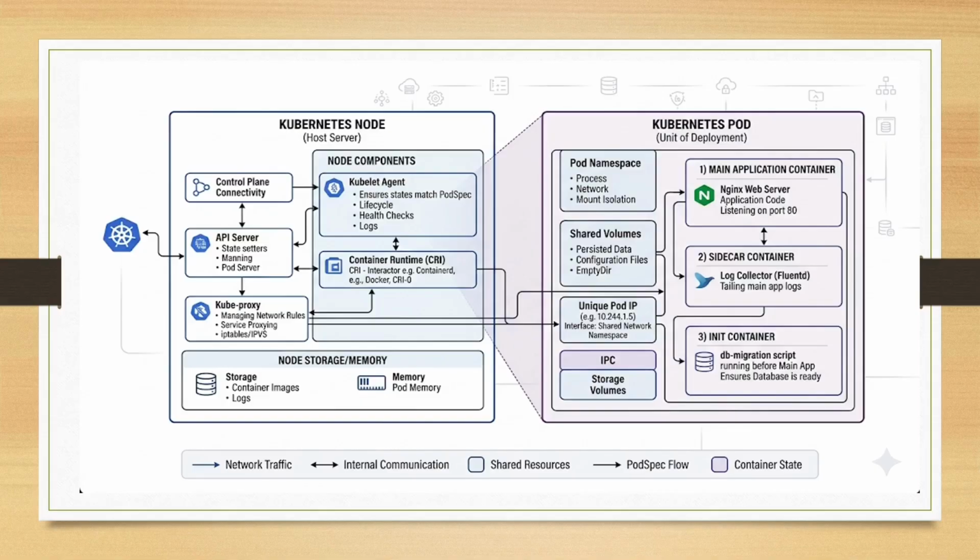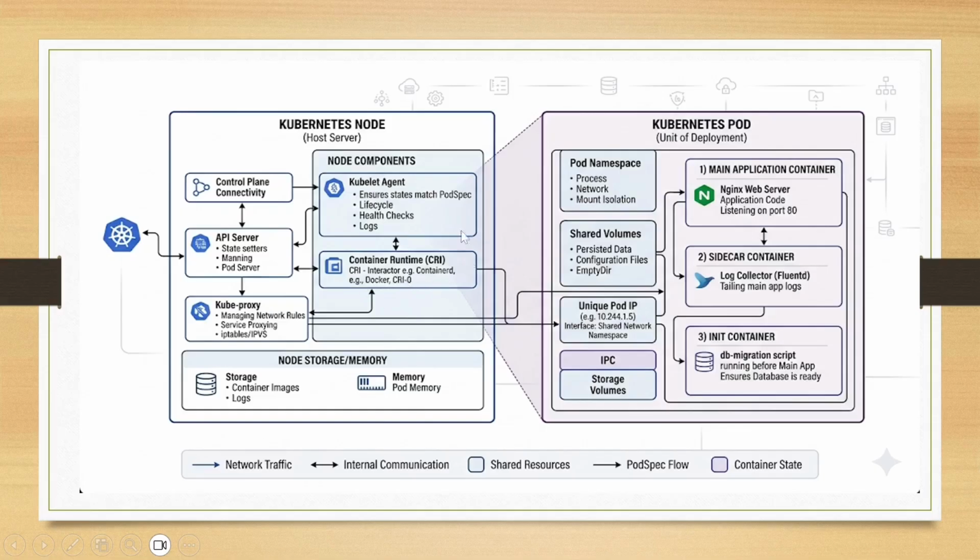Then the kubelet does these things. The kubelet agent is running on every node, as you already know, and the kubelet's responsibility is to ensure the state matches the pod specification that is already given by the master. It maintains the life cycle, health checks, logs, etc. It also provides the container runtime, which may be CRI-O based, containerd based, or Docker based.